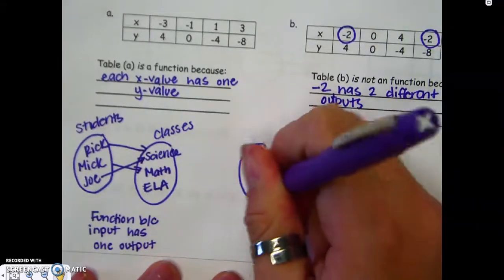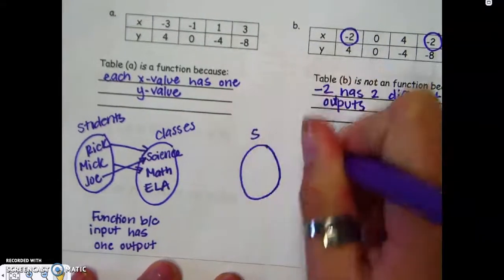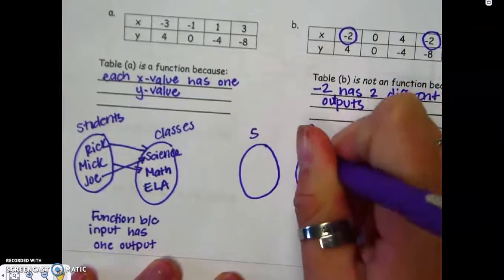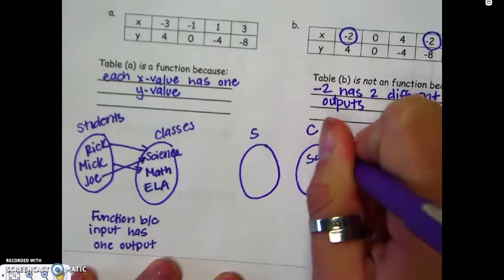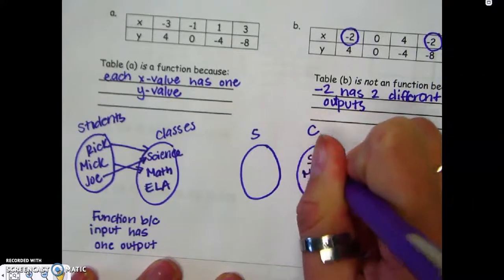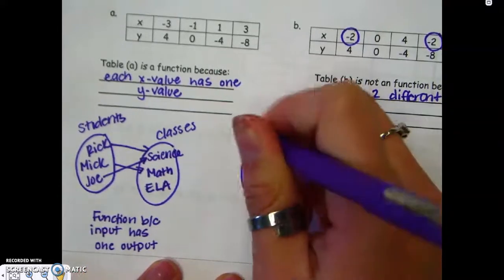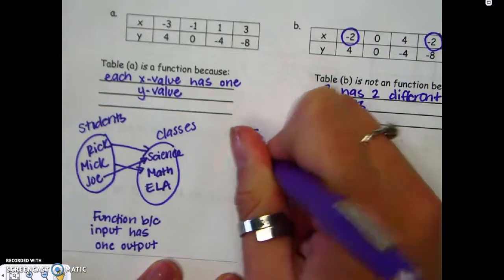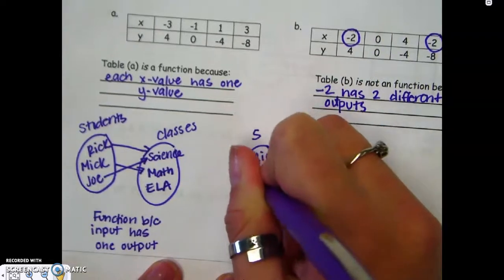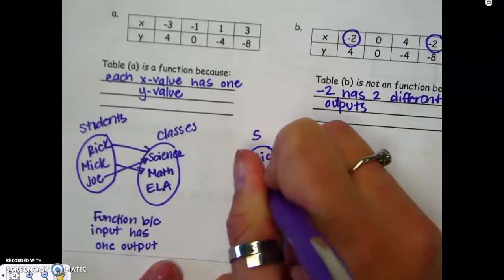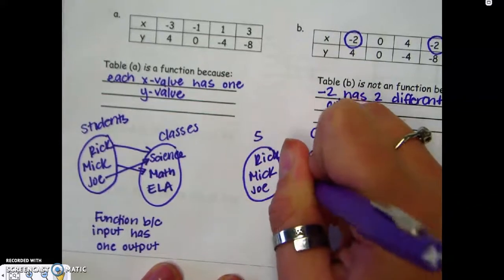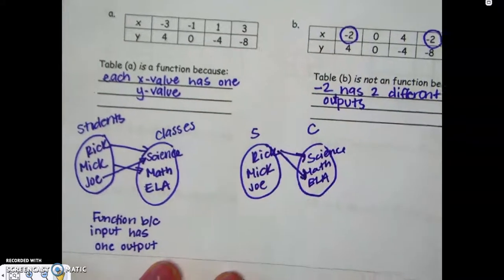What would not be a function if we had students and classes again, so science, math, ELA, would be if Rick went to both ELA and science.